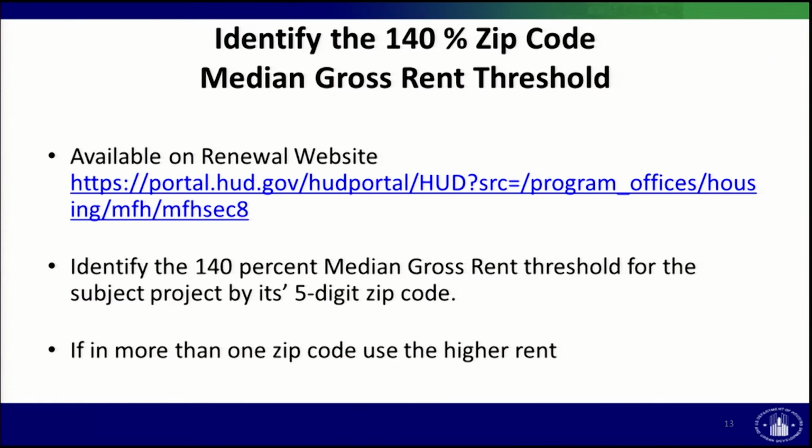You can identify the 140% median gross rent threshold for the subject by scrolling down the table to locate the project's 5-digit zip code. The number in the table is the 140% number, so you don't have to do any multiplication or any math to determine what that number is. If the project is located in more than one zip code, and sometimes it is, you can use the highest number that's in the table.